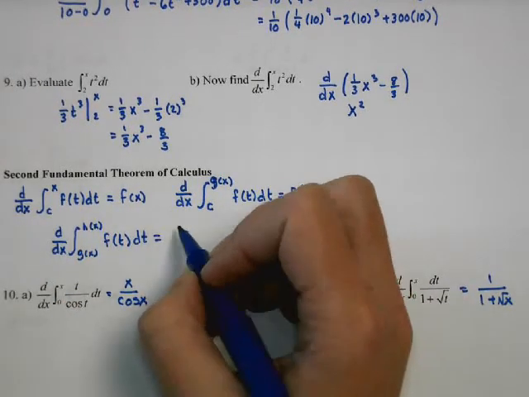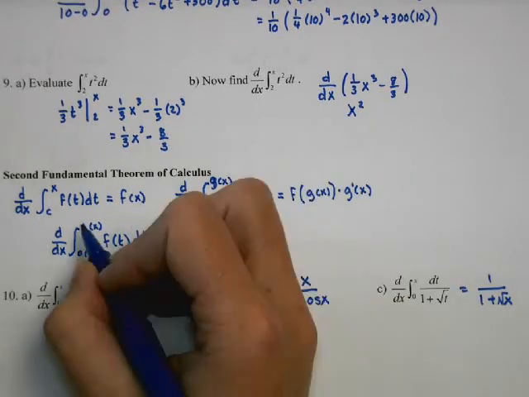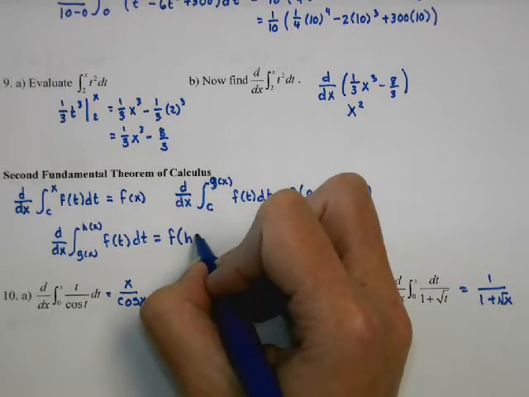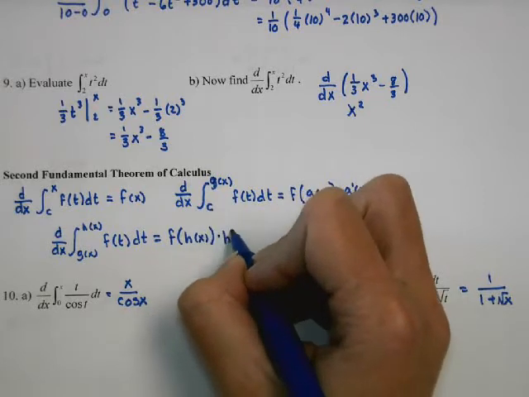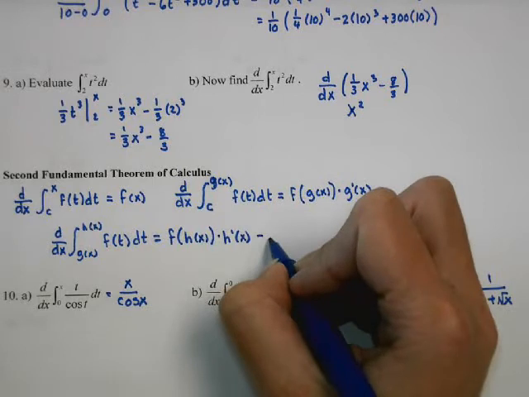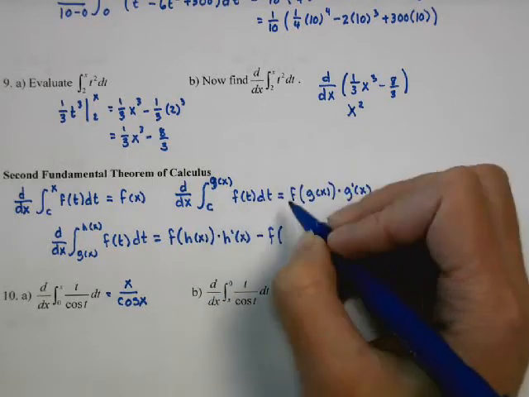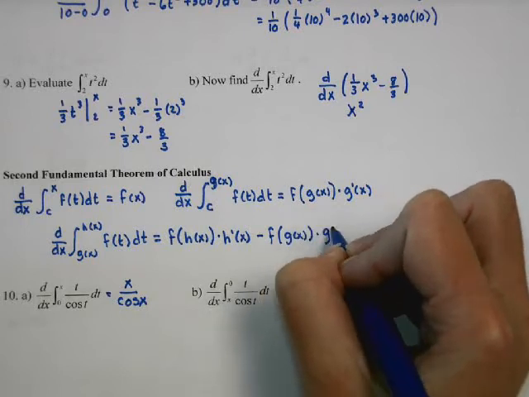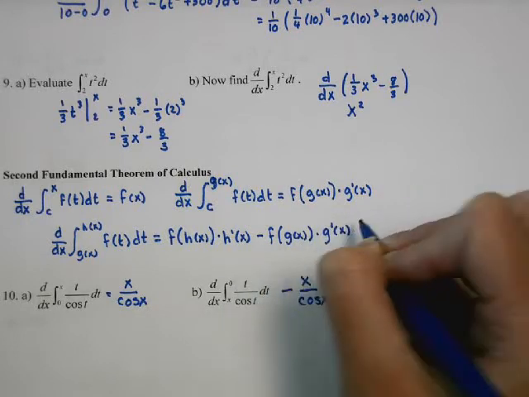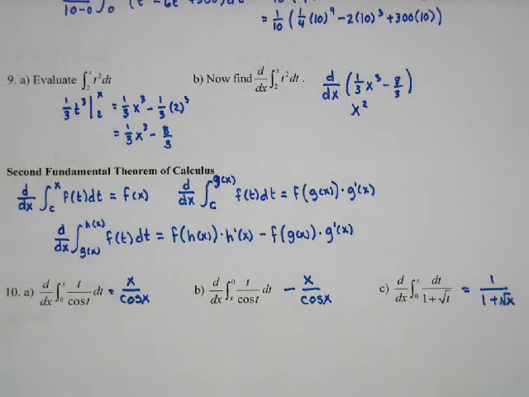All right, so we're going to have f evaluated at the top one, h of x, times the derivative of h, minus f evaluated at g of x times g prime of x. So it's just the chain rule.